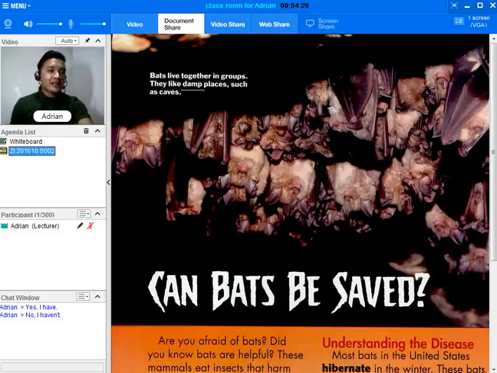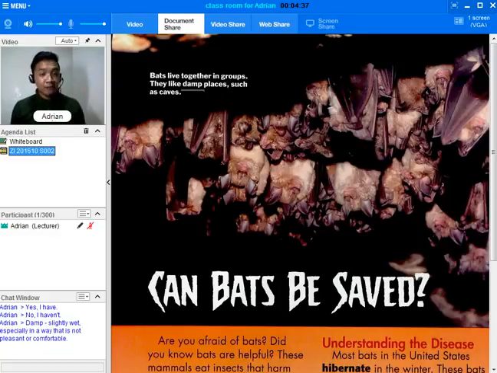So bats like to live in wet or slightly wet places. You can check our chat window for your reference in the meaning of the word damp.